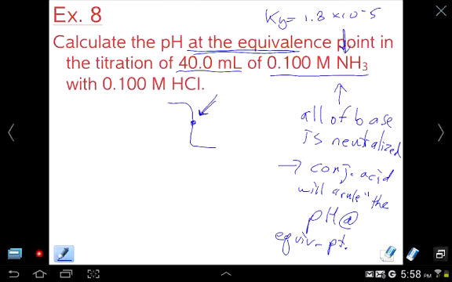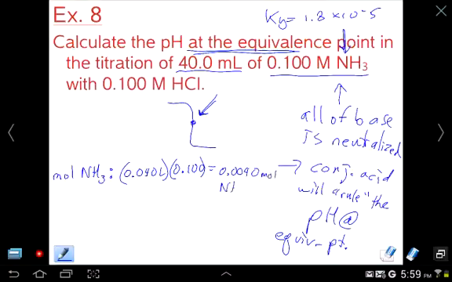Let's go ahead and find out how many moles of base we have. Moles of NH3: liters times molarity will be 0.040 liters times 0.100. We end up with 0.0040 moles of NH3.